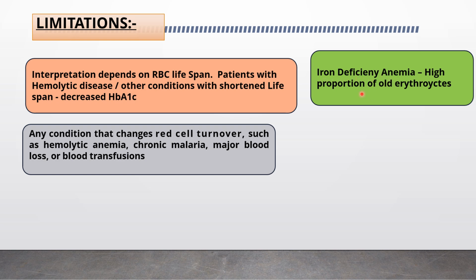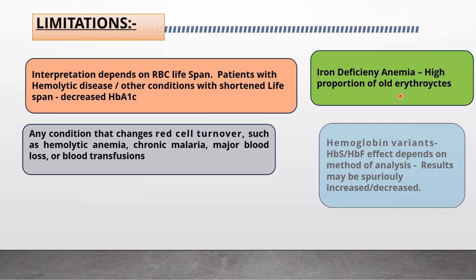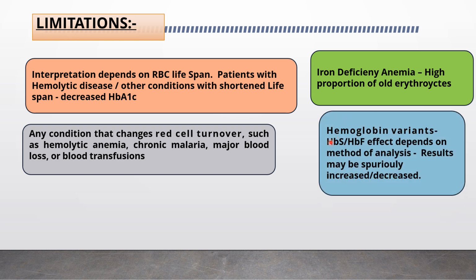Here there is a high proportion of old erythrocytes, so they can also affect the HbA1c values. Certain variants like sickle cell anemia or HbF, fetal hemoglobin, can spuriously increase or decrease the results of HbA1c depending upon the method of analysis, which can lead to misdiagnosis.